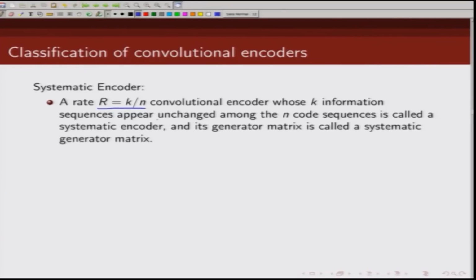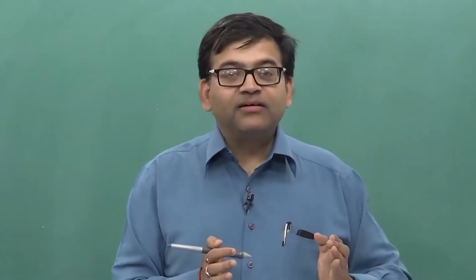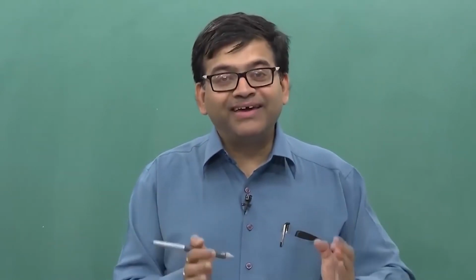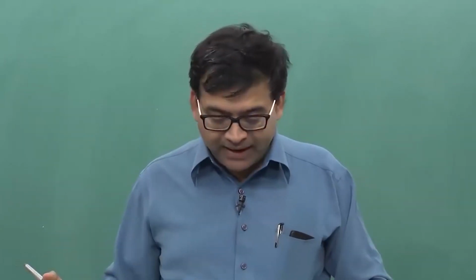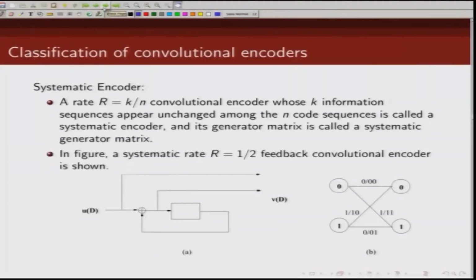So, out of those n coded bits, you can directly see the k information bits and the rest n minus k bits are your parity bits. And the generator matrix corresponding to a systematic encoder is known as a systematic generator matrix.